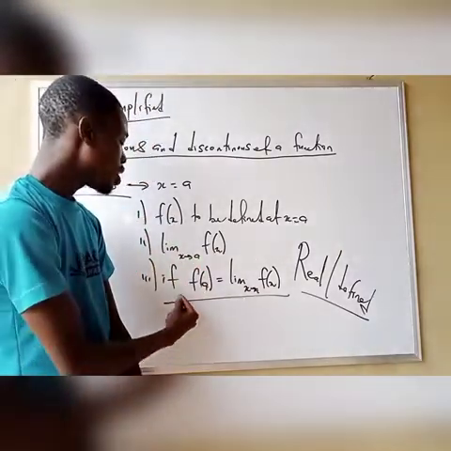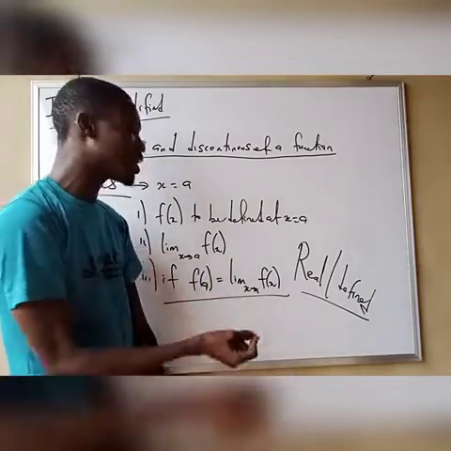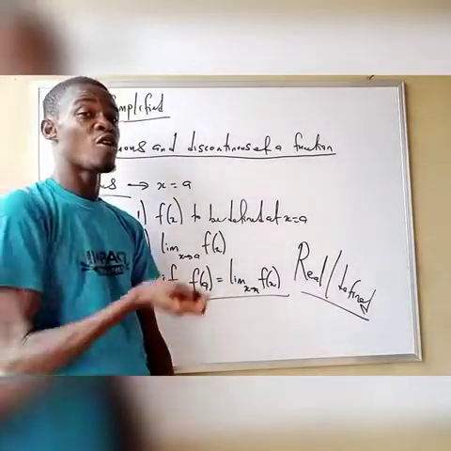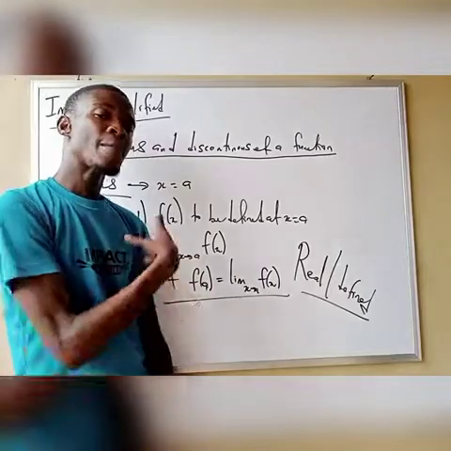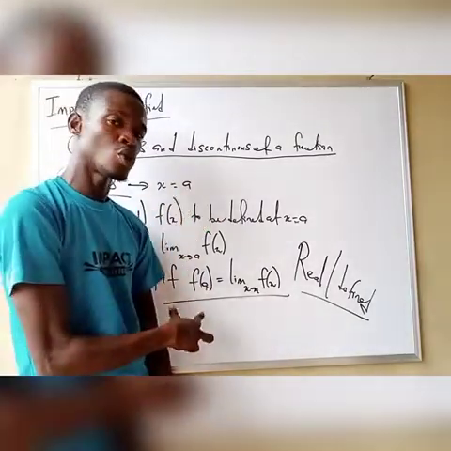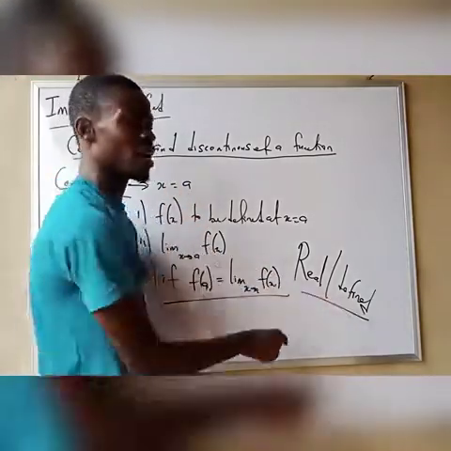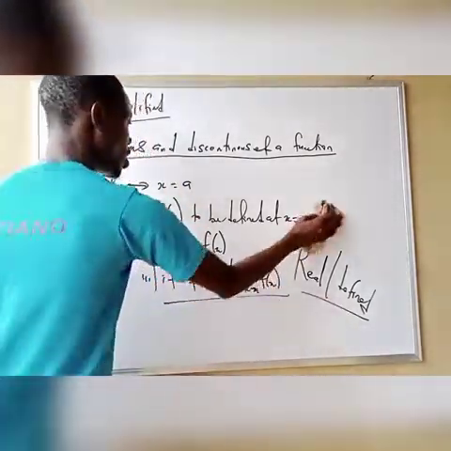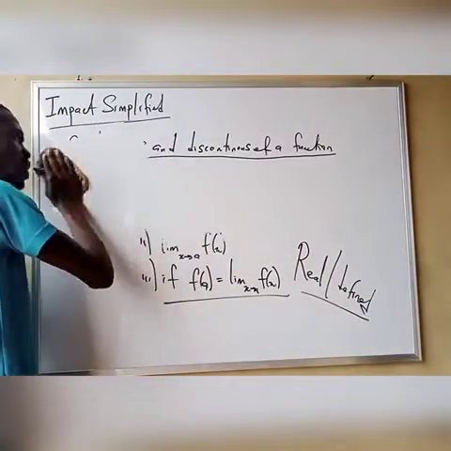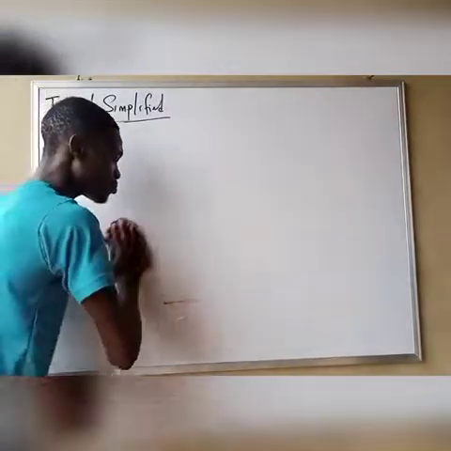And if your f of a is the same as the limit of f of x as x tends to a, that makes the function continuous. But if they are not equal to each other, or when they are not defined, that makes the function not continuous.